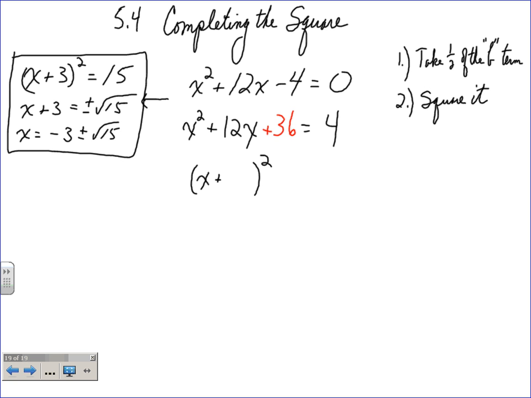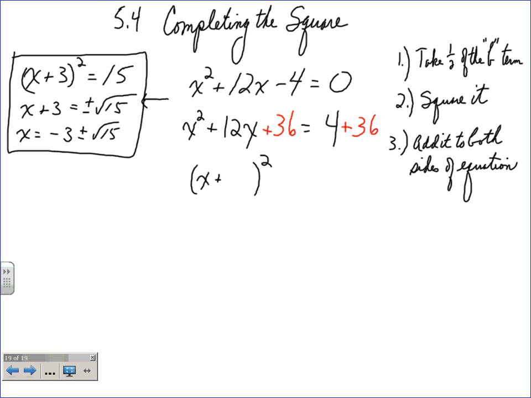And then what we're going to do in step 3 is we're going to add it to both sides of the equation. Which kind of makes sense. If I add 36 to the left side of the equation, I'm going to add 36 to the right side. Keep our equation balanced.